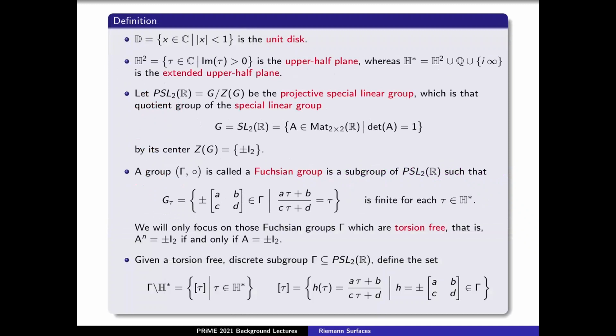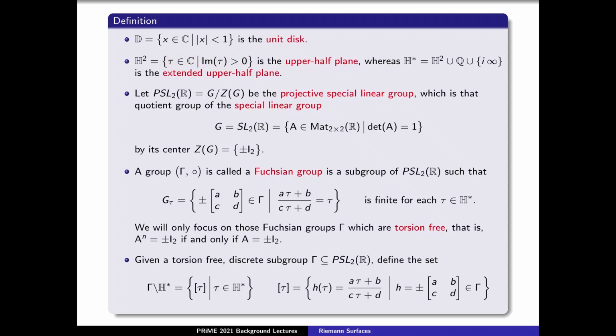So we need some terminology first. So let's go ahead and define D to be the unit disk. And so these are all the points in the complex plane that are at most a distance 1 from the origin. And so that's the unit disk. We have H2. We have already encountered this as part of our problem sets from last week. So these are all the points in the complex plane such that the imaginary part of tau is greater than 0.